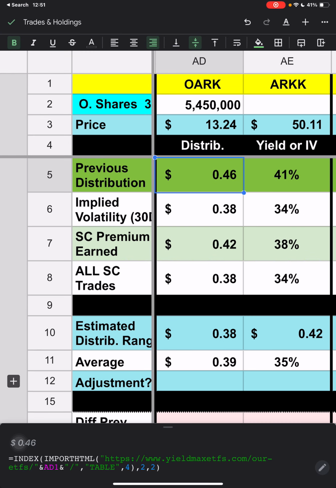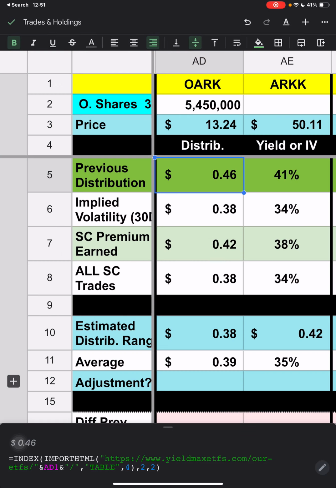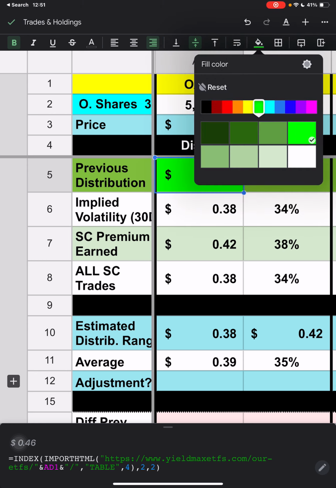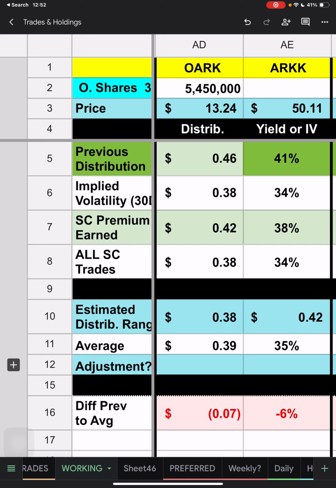So I feel like I should add a note or something. Okay, view comments. Let me make it a different color, which is what I had before. It's just a slightly different color, just to let me know it was different. So yeah, that's what happened there.